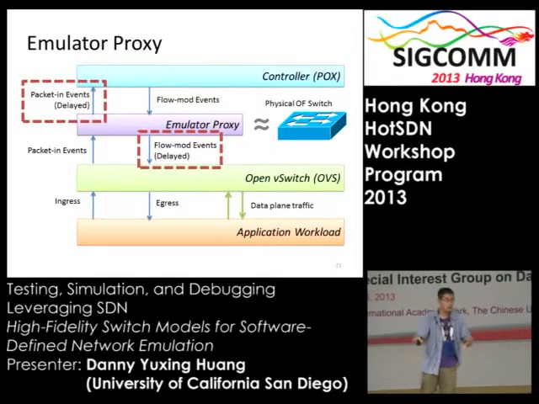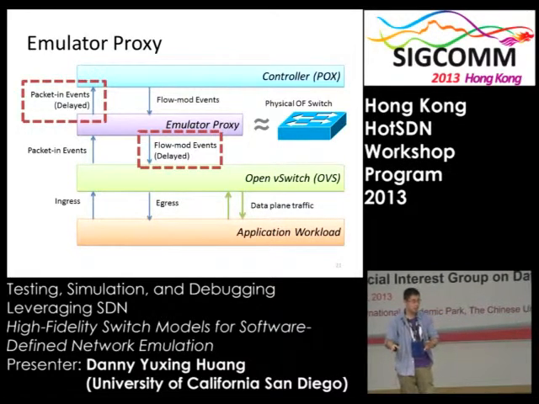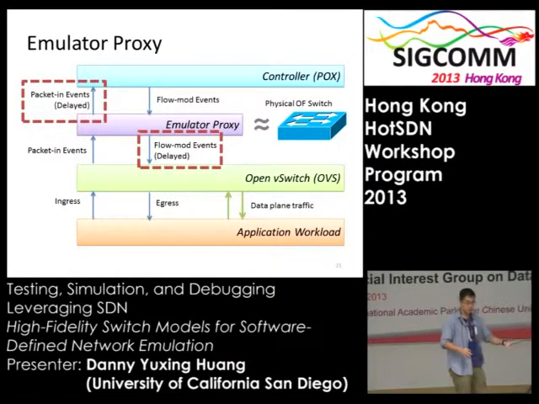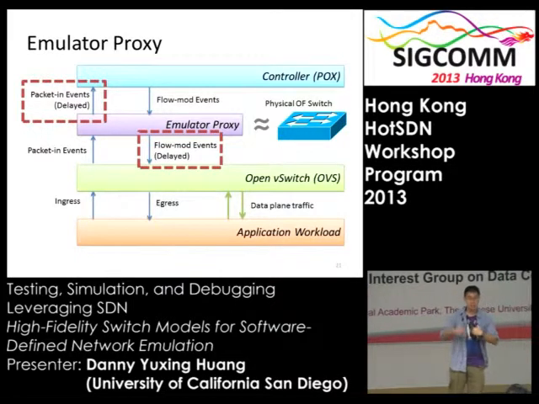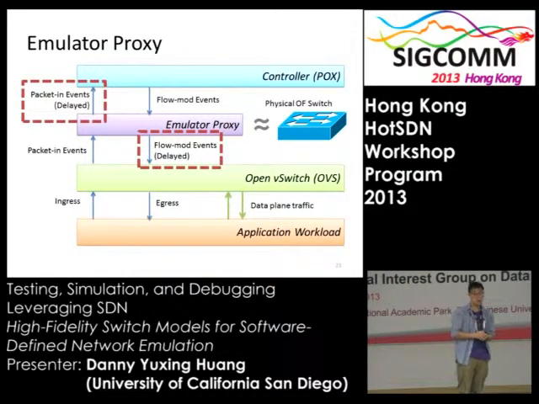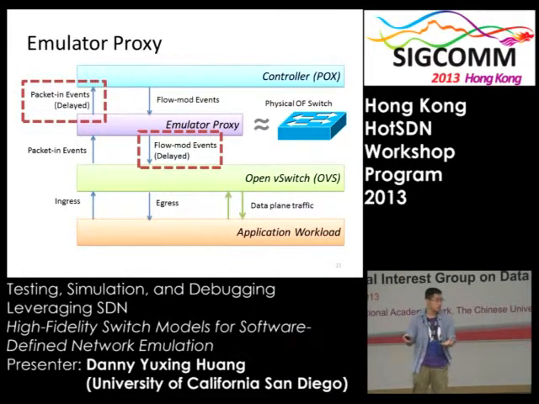Details are in the paper, but essentially the key idea is that if the hardware switch delays by some amount with some probability, we would delay by the same amount with the same probability. We delay the flow-mod event using a similar technique, and in the end, we are able to approximate the performance of the hardware OpenFlow switch in the control plane.